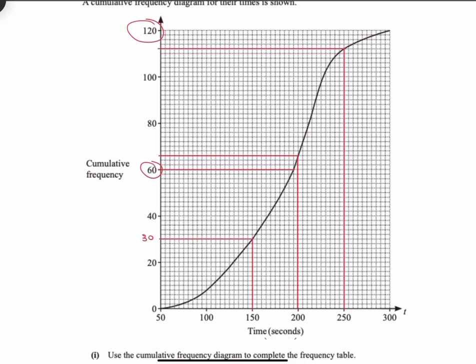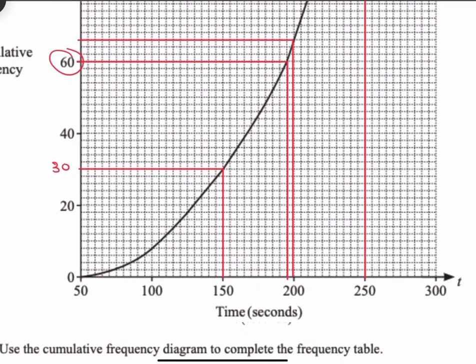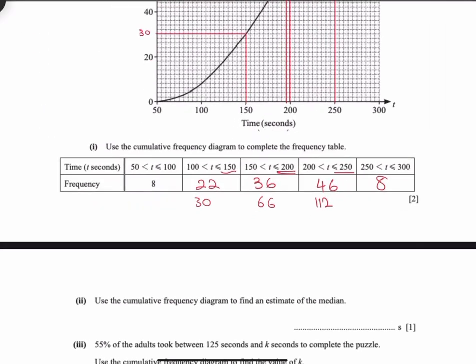Then you go down, which is here. This is the value of the median. So I think each is maybe 5. So that's 195.